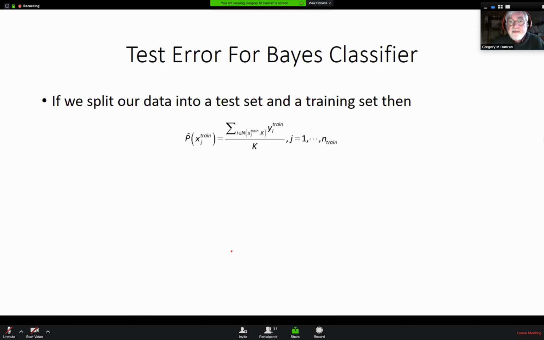Okay, and what I'm going to do is I'm going to say p hat train is going to be the nearest neighbor estimator in the training sample, okay?